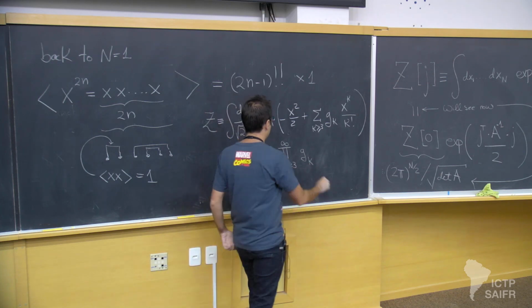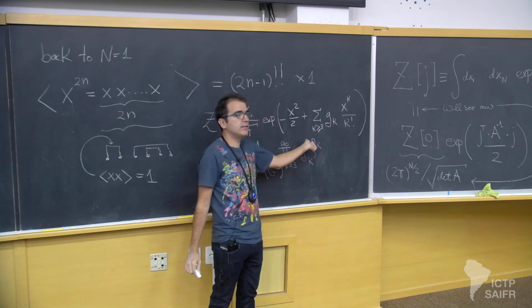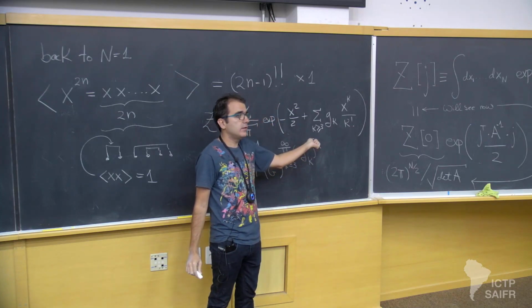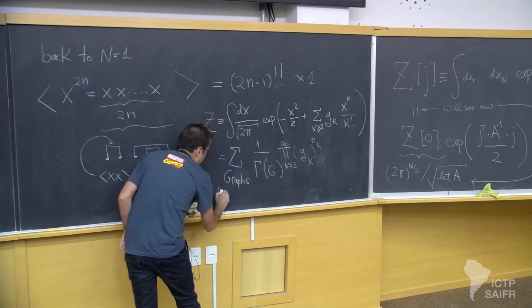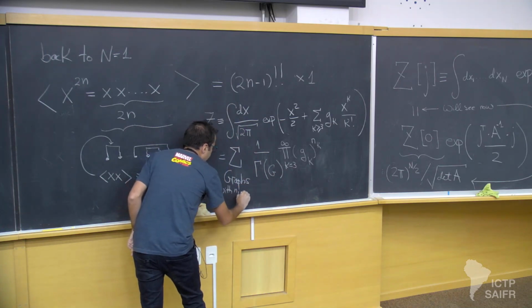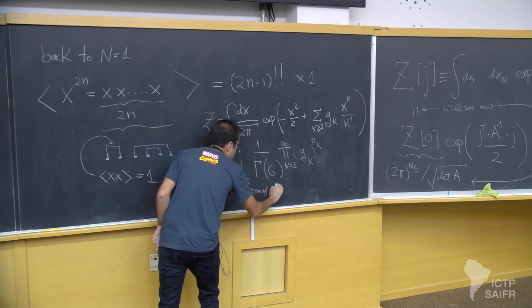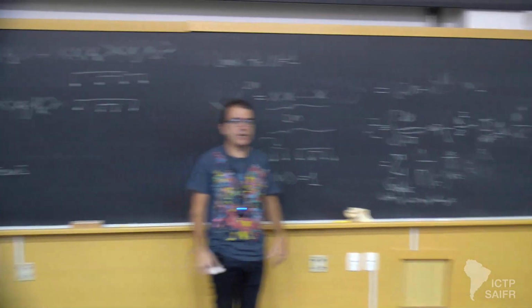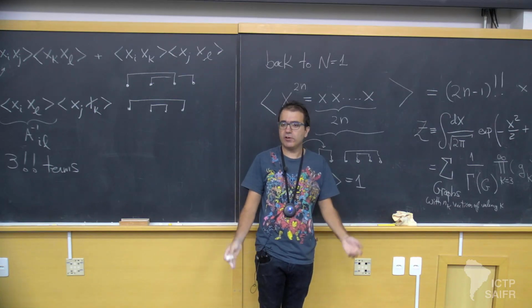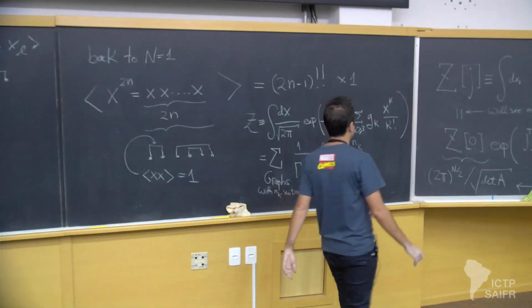Someone is proposing, instead of g to the power n, let's write g_k to the power n_k. That's correct, but what is n_k? Where I sum over all graphs with n_k vertices of valency k. So they can have n3 vertices of valency 3, n4 of valency 4, n5 of valency 5, and so on. And this would be the power that comes.